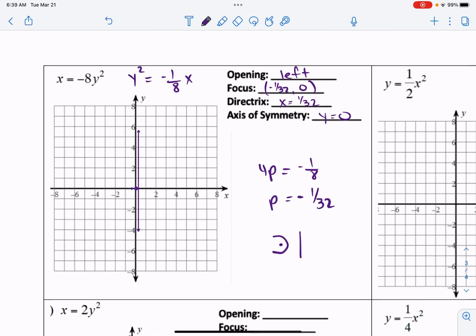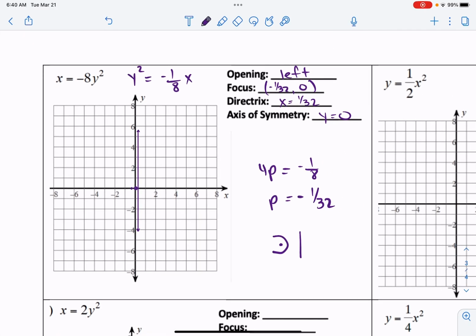So notice here, it's the x value. I'm going to substitute this one for the x in here. So I'm going to do y squared is equal to negative 1/8 times negative 1/32. So y squared is equal to 1/8 times 32, which is 1/256.